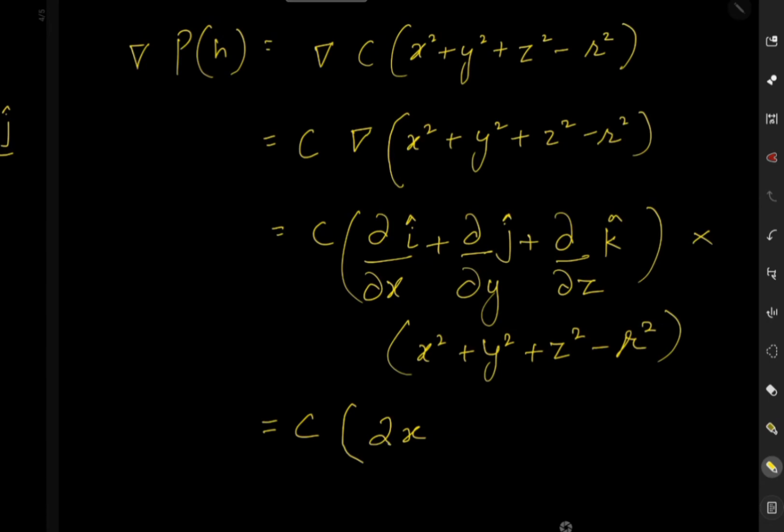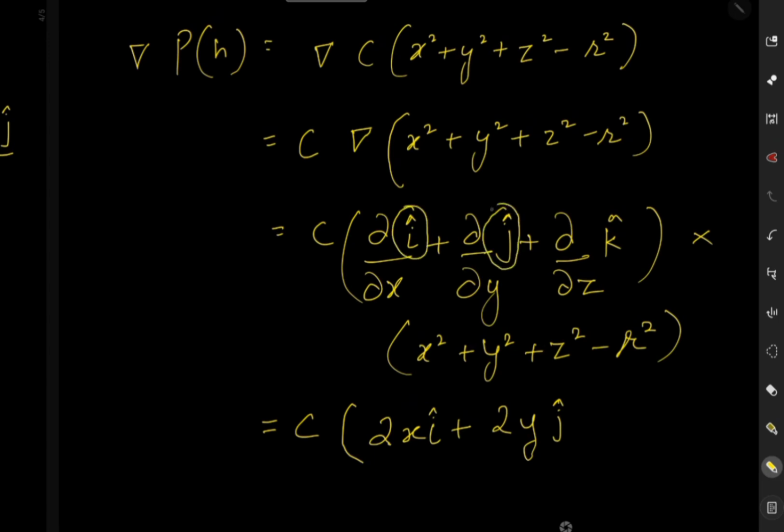Similarly, del of this whole bracket by del y will become 2y j cap, because there is also the term i cap, j cap.